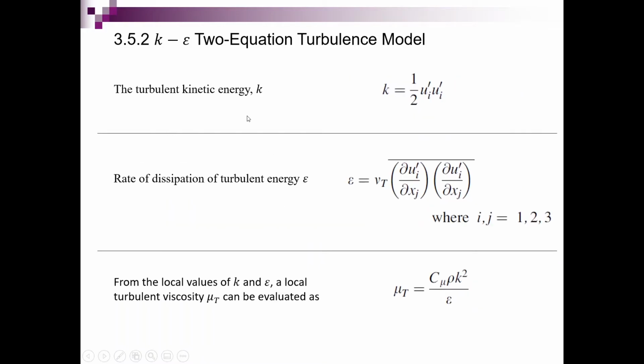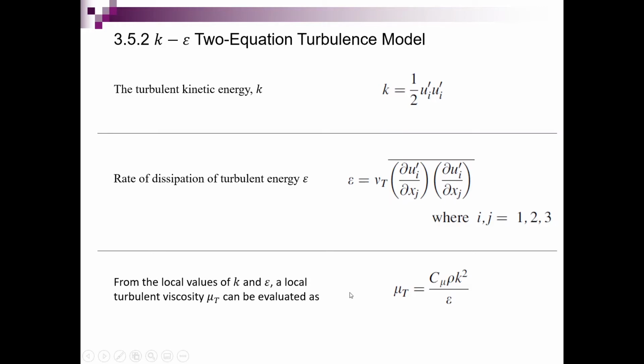And the turbulent kinetic energy, as you know, kinetic energy is equal to half v squared, and this is the rate of dissipation of turbulent energy, which is epsilon. So the k and epsilon come from the k-epsilon two-equation turbulence model. It requires these two, and from the local values of k and epsilon, which is the rate of dissipation of turbulent energy, a local turbulent viscosity can be evaluated.